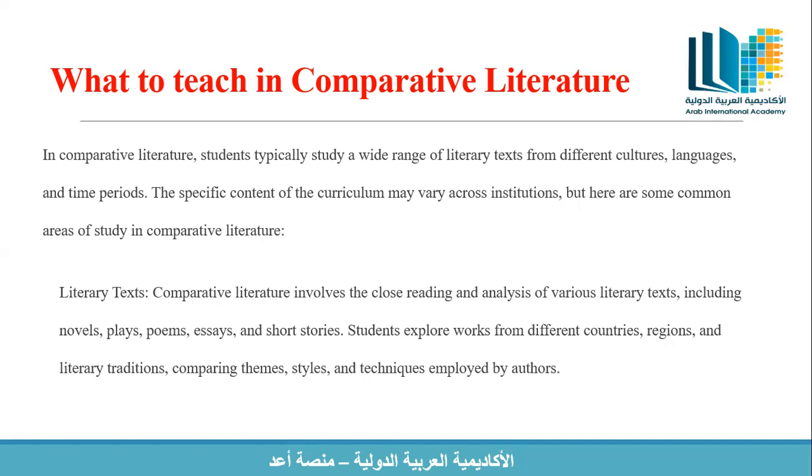That means the close reading and analysis of various literary texts, including novels, plays, poems, essays, and short stories. Students explore works from different countries, regions, and literary traditions, comparing themes, styles, and techniques employed by authors.